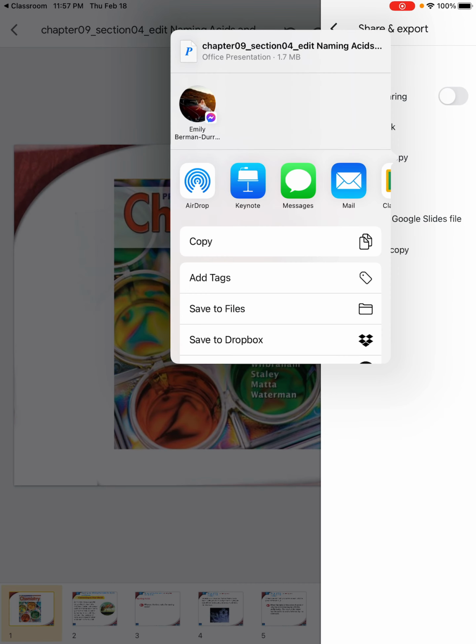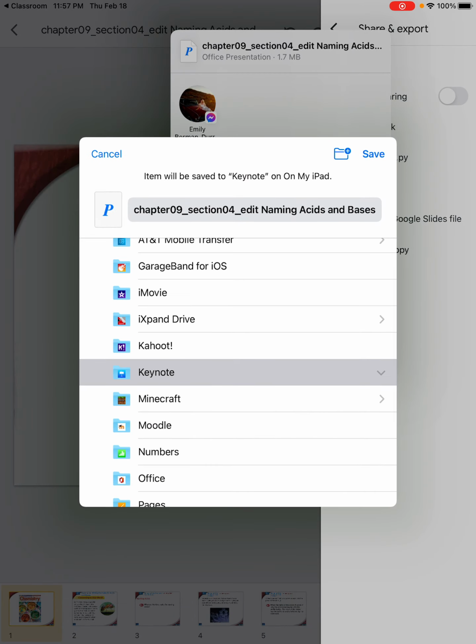I'll save it here on this file for my presentation application, which on my Apple iPad I like to use, Keynote.